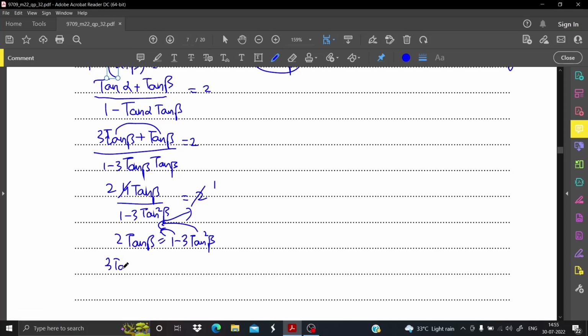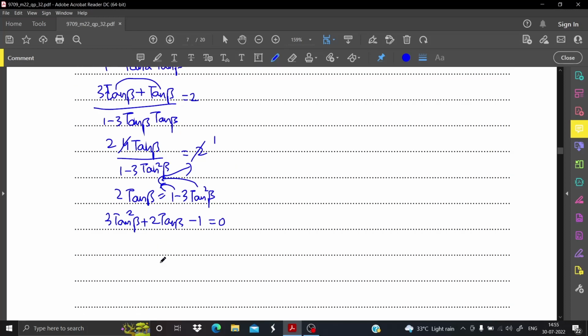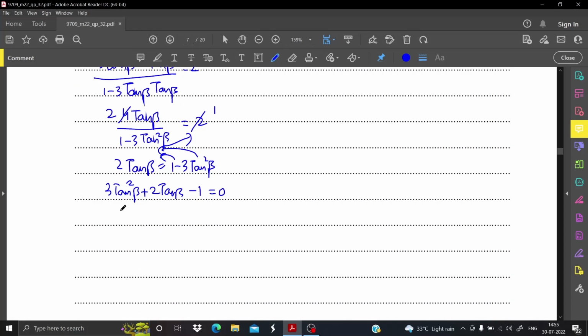You get 3 tan square beta plus 2 tan beta minus 1 equal to 0. This is a simple quadratic equation in terms of tan beta. So it's nothing but 3x square plus 2x minus 1 equal to 0. x is nothing but tan beta.